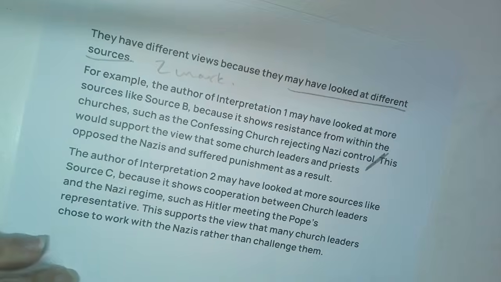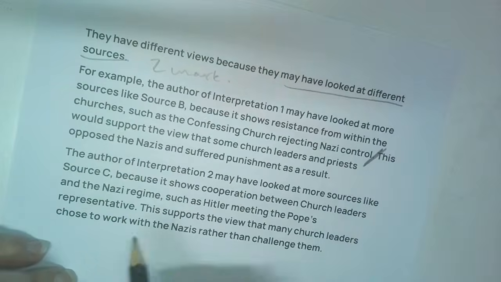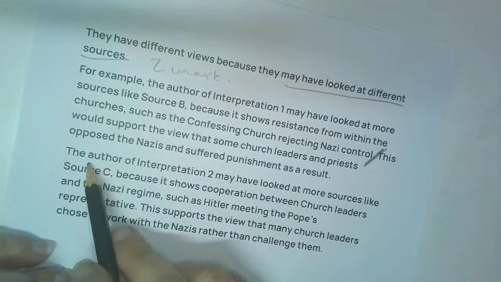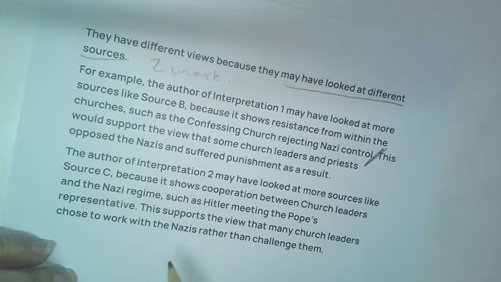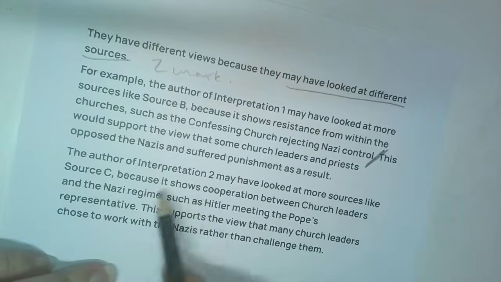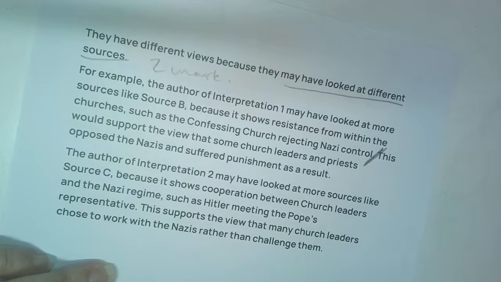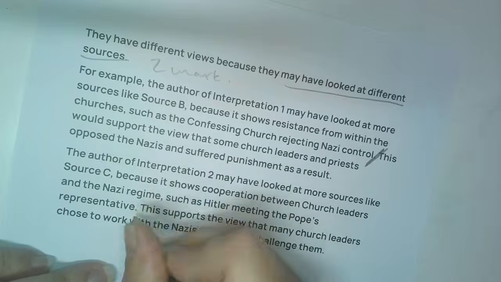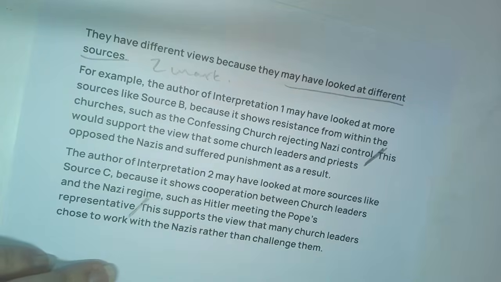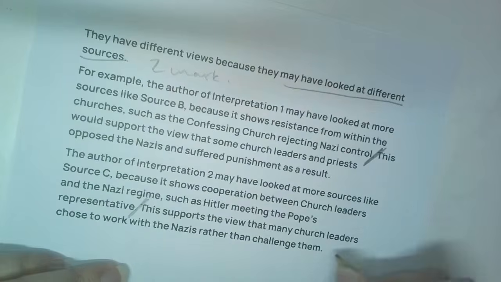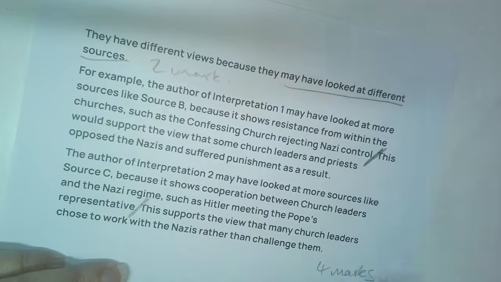But again, I've gone a bit OTT, but you don't need to do that. The author of interpretation 2 may have looked at more sources like source C because it shows cooperation between the church leaders and the Nazi regime, such as Hitler meeting the Pope's representative. And again, I've over-explained because I've got anxious, but you don't need to do that. And that is a nice, easy 4 marks for an examiner.